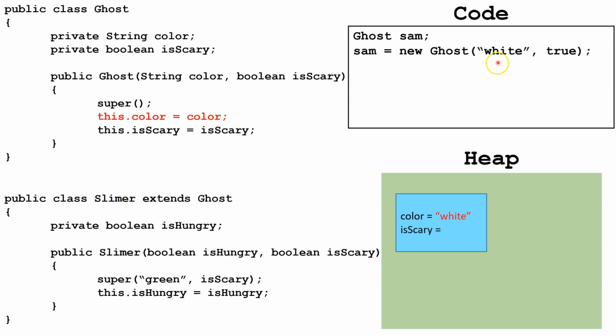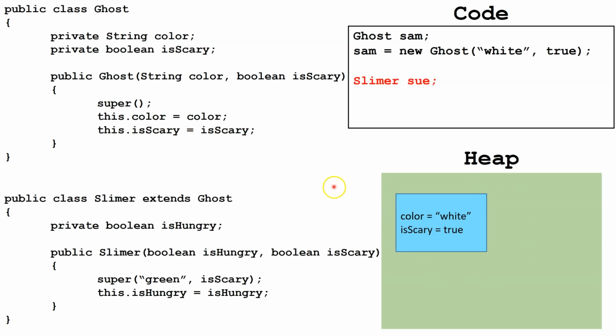In this case, the argument white went to the parameter color, which then went to the field color. So now it ends up in the object. Next, we will set the field isScary to the value of the parameter isScary, which was true, and that ends up in the object. So now we've got an instance of the class Ghost on the heap.